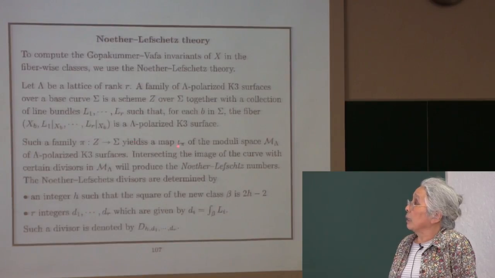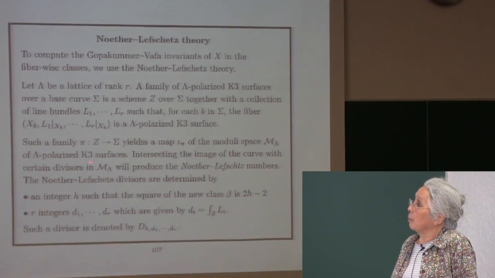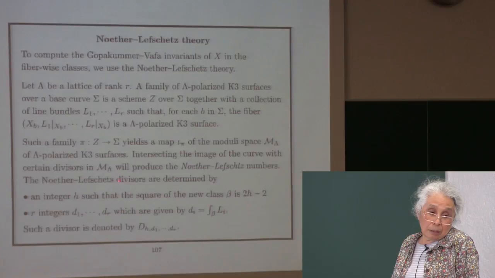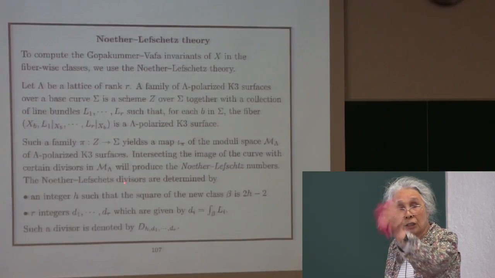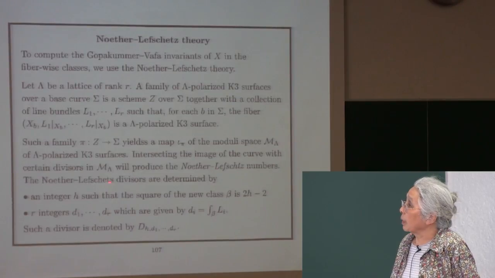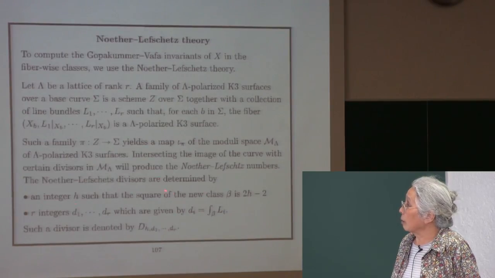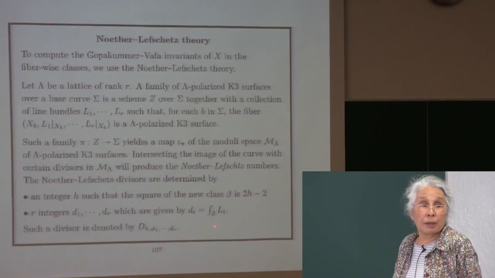Such a family gives a map to the moduli space of polarized K3 surfaces, and intersecting the image of this map with certain divisors in the moduli space, called the Noether-Lefschetz divisors, gives the Noether-Lefschetz numbers. The Noether-Lefschetz divisors are determined by an integer h, where the self-intersection of the class beta is 2h minus 2, and R integers d1 through dR, which are given by this pairing.